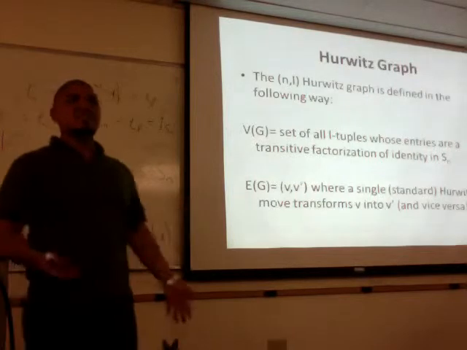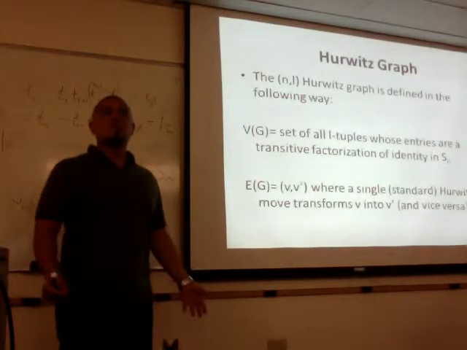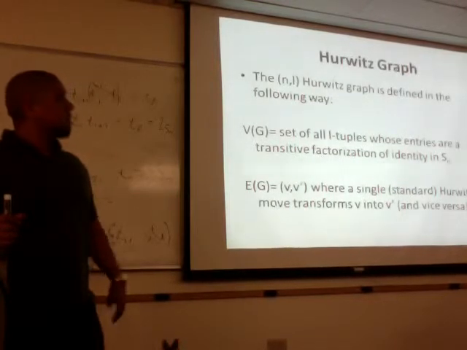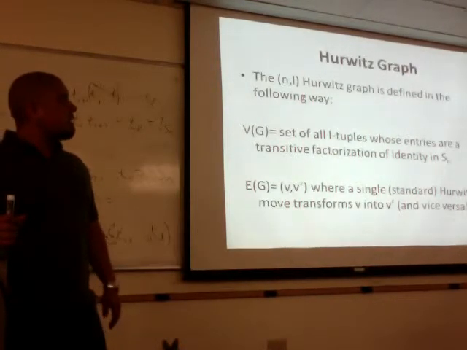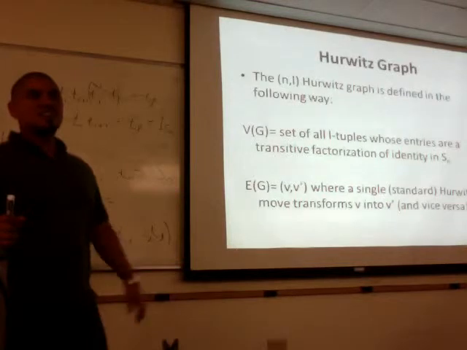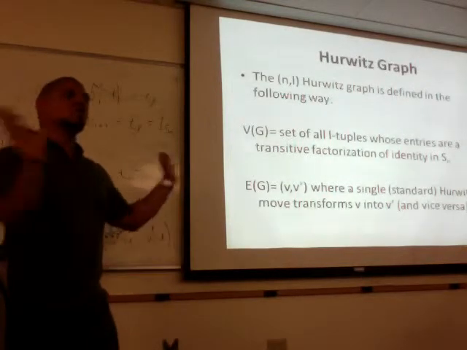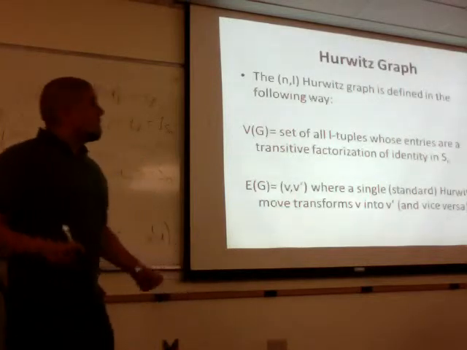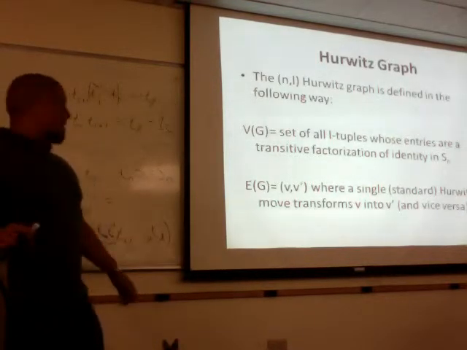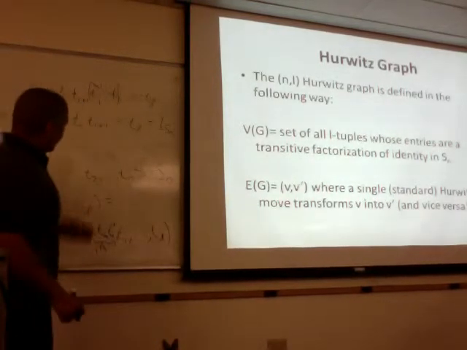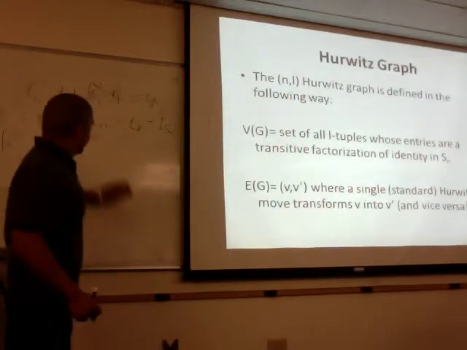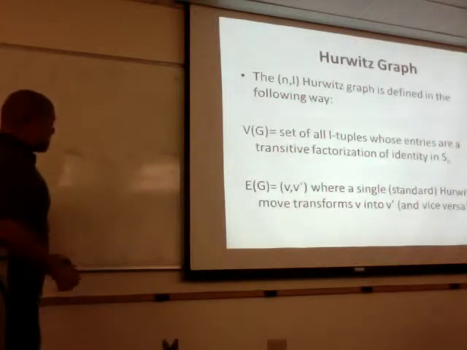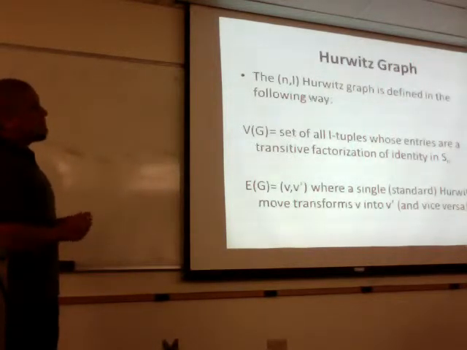But in order to facilitate my study of Hurwitz equivalence in the symmetric group, what Dr. Seidel did was encode all this information onto a graph. And so at this point, I'll define the graph. The graph itself is written up there.